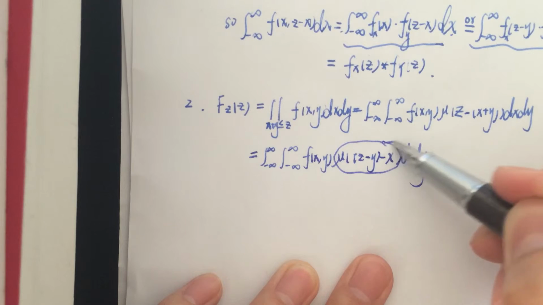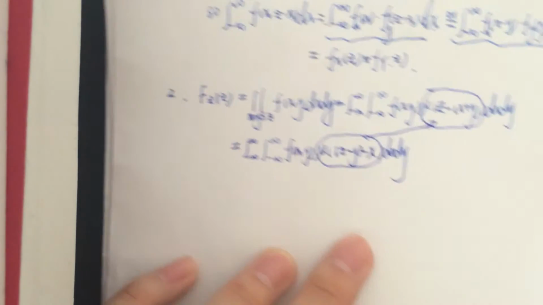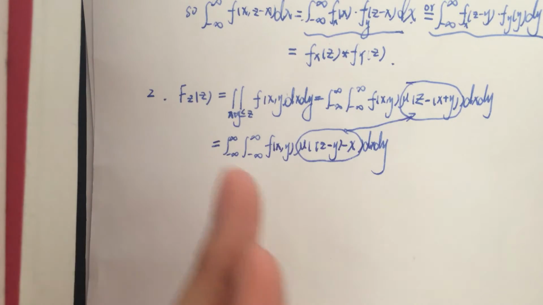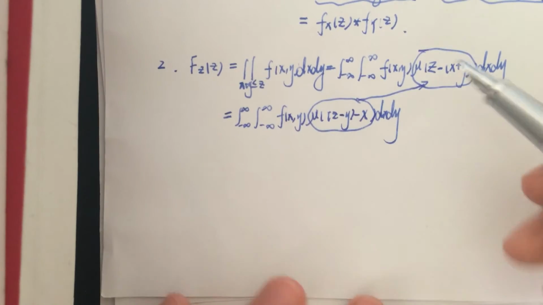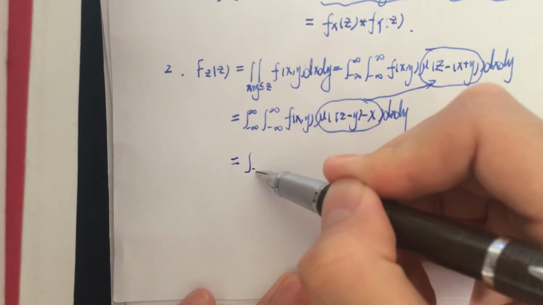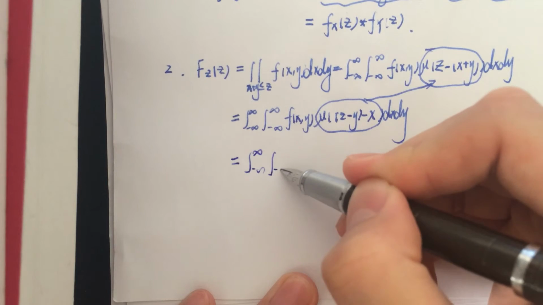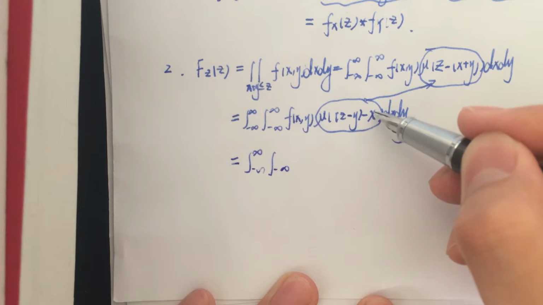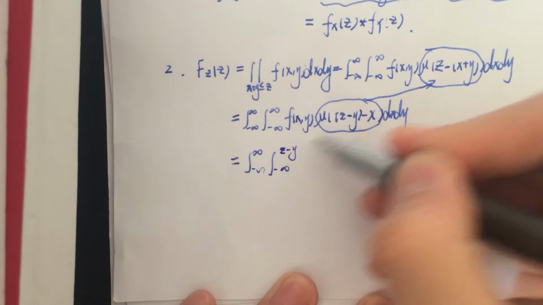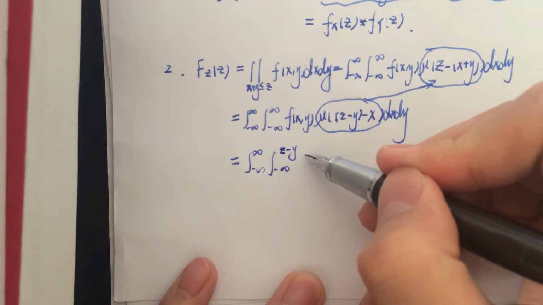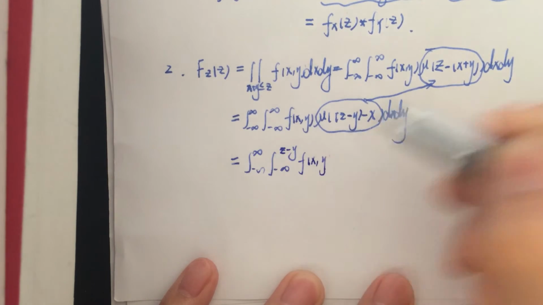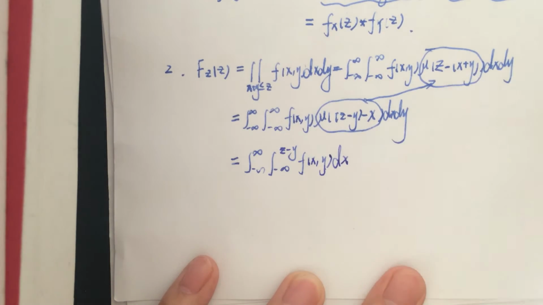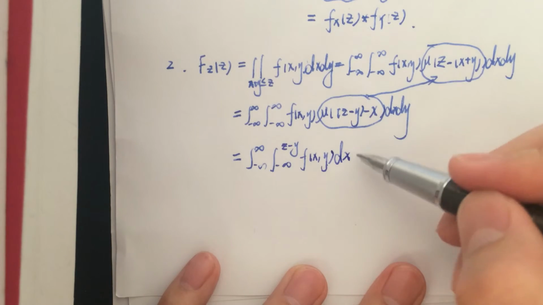This one is equal to this one, we just changed their orders, and this can be equal to minus infinity to infinity, minus infinity. Since the upper limit of x is z minus y, according to this, we can get the integration from minus infinity to z minus y of f(x,y) dx dy.